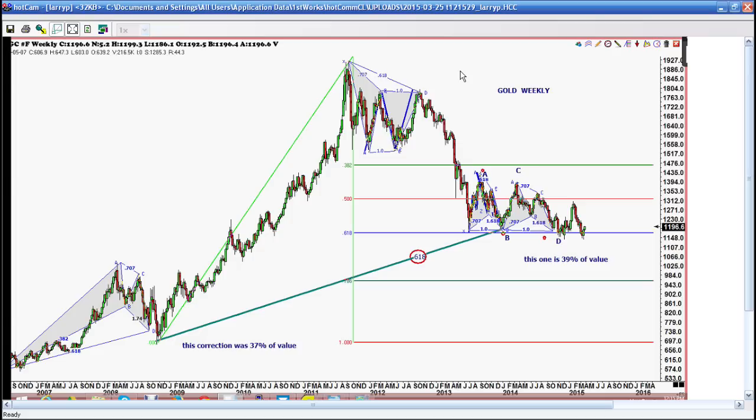Now we're trading at roughly 1196. And the 61% retracement from the low in 2008 came right in at around the 1155 level. So we've held it 1, 2, 3, 4 times, and that should mean something. This is why we're at this real critical level here, and it could really go.